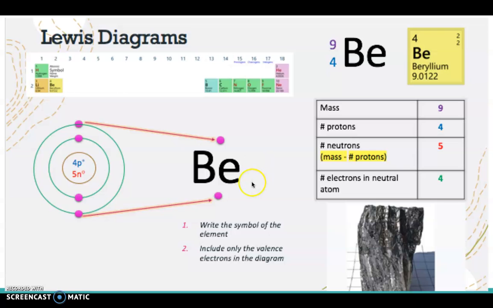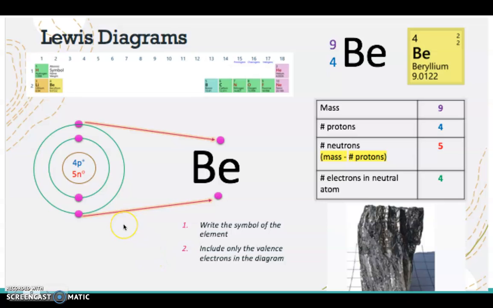So when drawing a Lewis diagram, basically you don't see these orbits or these rings that are around the nucleus. You kind of get rid of that. And all you do is you're basically drawing around the element symbol. So Be is the element symbol. And all you're doing is you're drawing the electrons that are found in the valence shell.